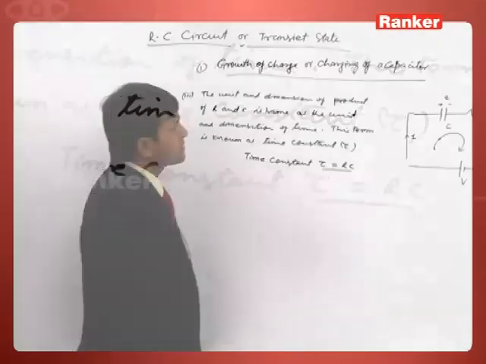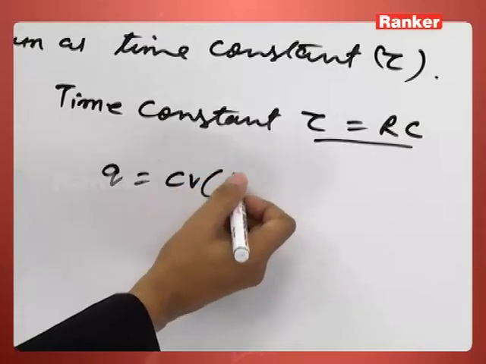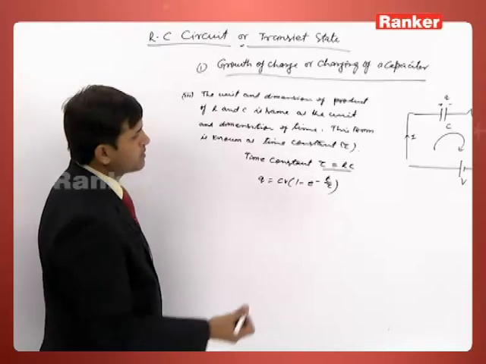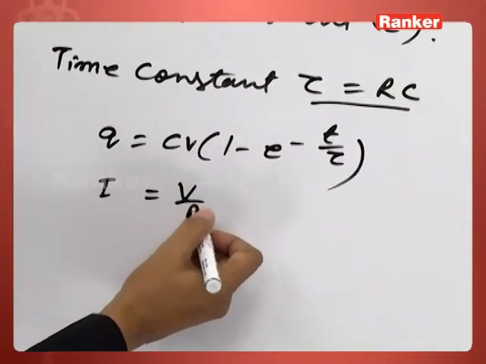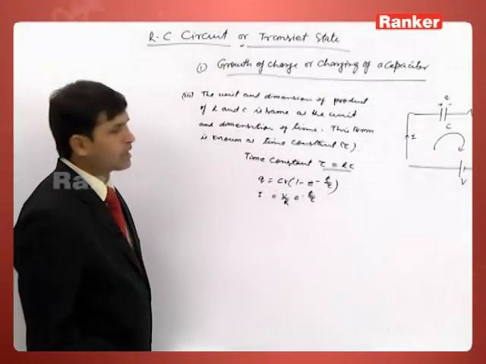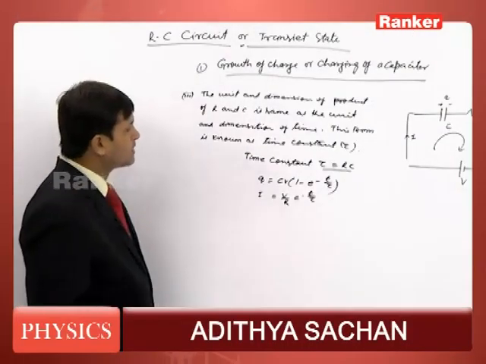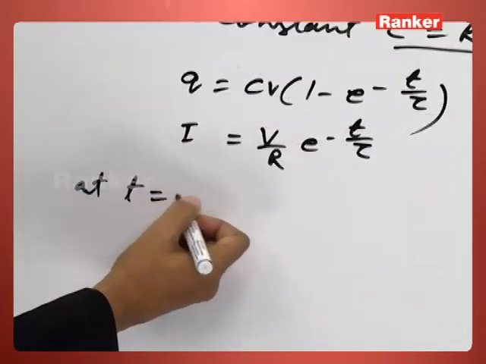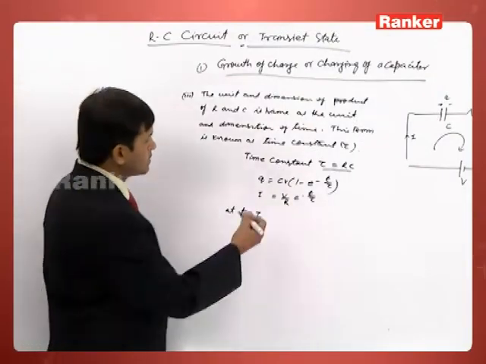So in terms of the time constant, we can write charge is equal to CV times 1 minus e to the power minus t by tau. Similarly, current we can write as V by R times e to the power minus t by tau. So this is the expression just in terms of the time constant. How can we define it? Let at t equal to tau, it means when time is equal to tau, how much charge?